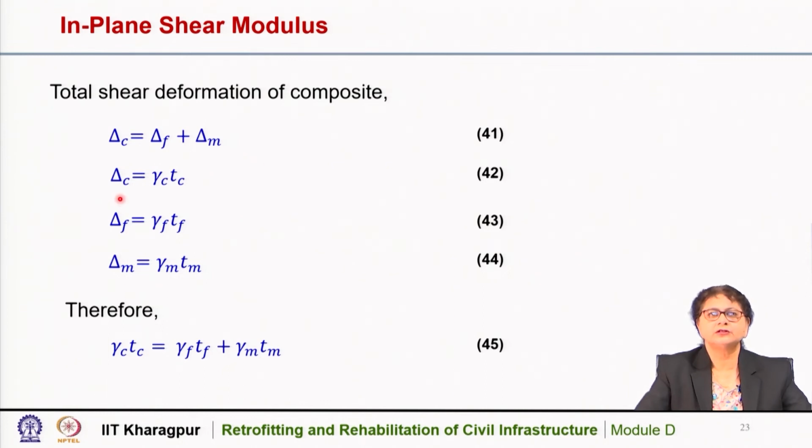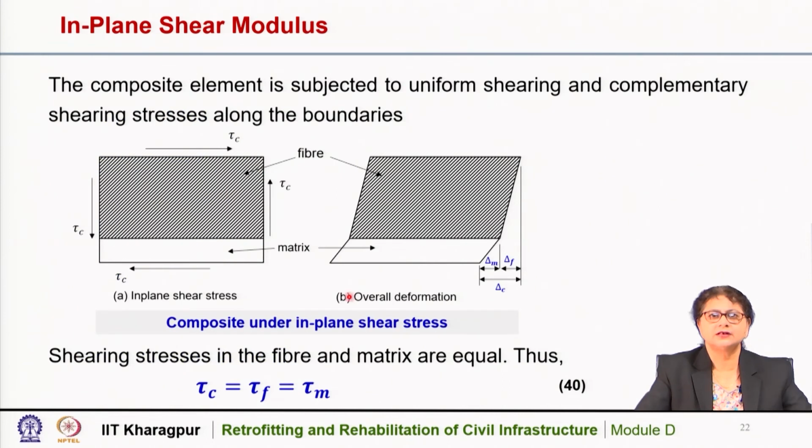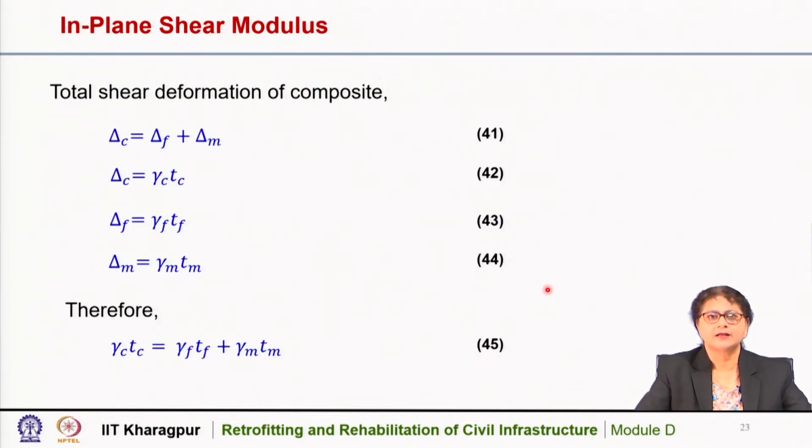The deformation of the composite can also be written as the shearing strain into T C. So, the total shear deformation of the composite is delta C, and it is equal to delta M plus delta F.